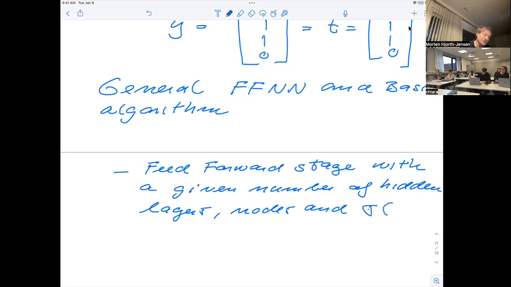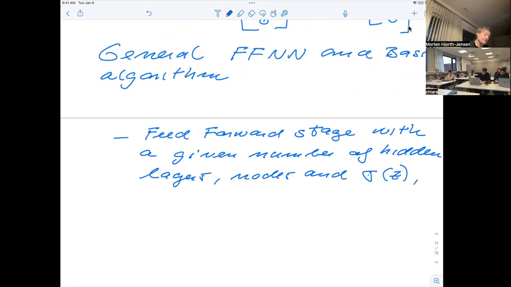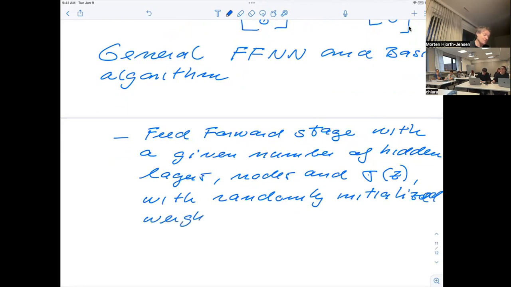And I just write this as a sigma of z, with randomly initialized weights and biases. And we are coming back to what kind of random initializations we're going to deal with.